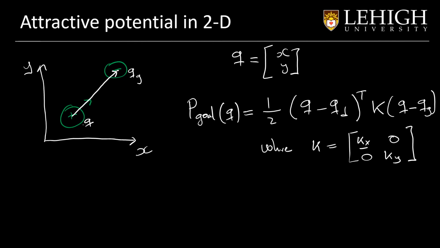If we want to know the attraction force of the robot to the goal, we just need to compute the same as before, that is the force of the goal. But instead of the derivatives, since now we are in a higher dimension, we need to use the gradient. We move in the opposite of the gradient.